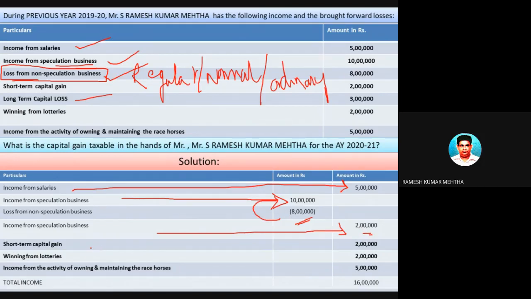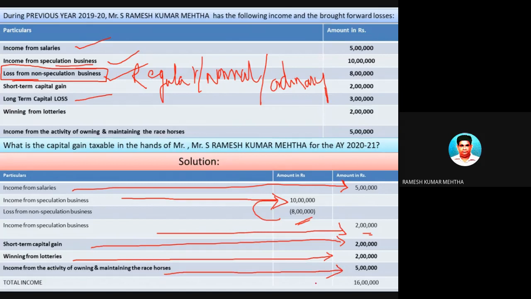Now next one is short-term capital gain. Short-term capital gain is 10 lakh rupees. Winnings from lotteries is 2 lakh rupees. And the income from activity of owning and maintaining of horses is 5 lakh rupees. Now the question arises, what about this long-term capital loss? Please remember this very important rule.